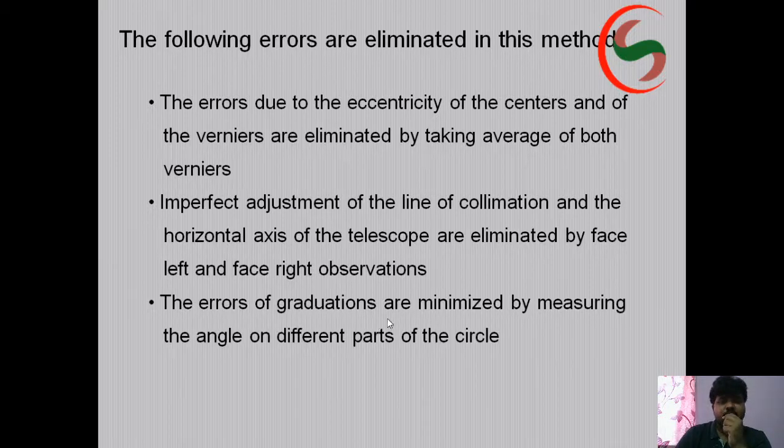The errors of graduations are minimized by measuring the angle on different parts of the circle. Because the metals may be affected by temperature variations, some area of the graduation scale may get contracted or expanded. Because of that, such errors can be eliminated.